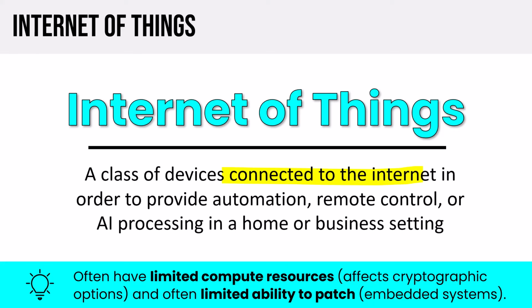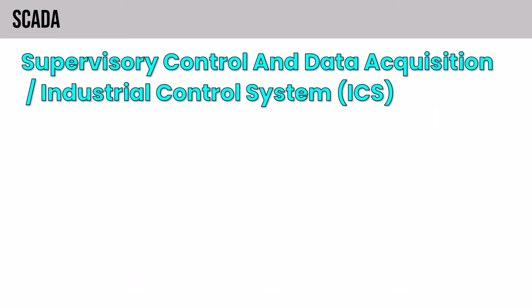This affects your cryptographic options because you have less memory and processing power. Incidentally, if you get a question around that, elliptic curve is the answer. Smaller keys. And you often have limited ability to patch the embedded systems that make up these Internet of Things devices. Those are the two security concerns I'd keep top of mind.